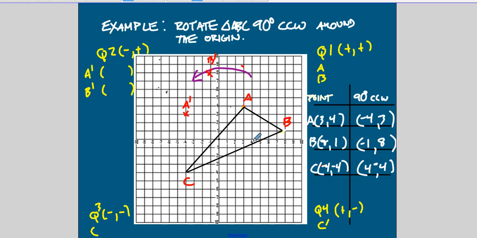C prime is 4, negative 4, which puts us right here. Now we connect our points, and this is our triangle that's been rotated 90 degrees using the method I just discussed.